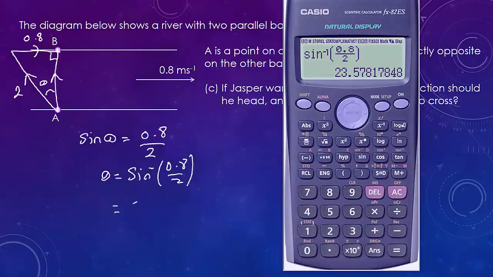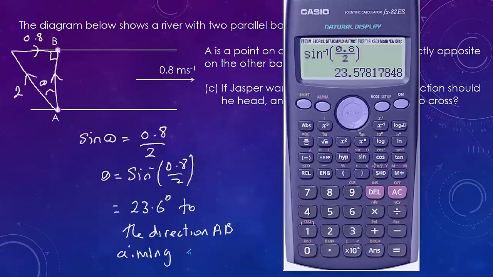So we'll say 23.6 degrees to the direction AB, aiming upstream, to distinguish it from aiming in this direction, which is downstream.